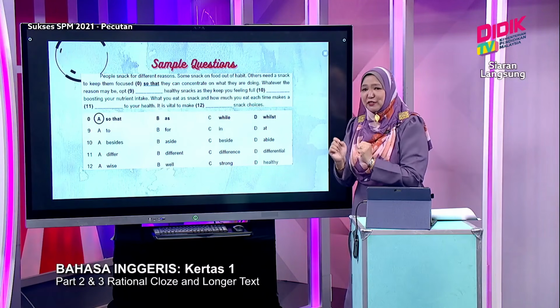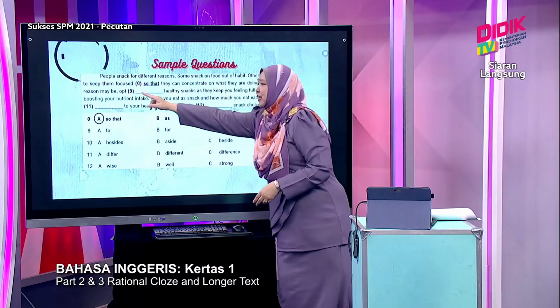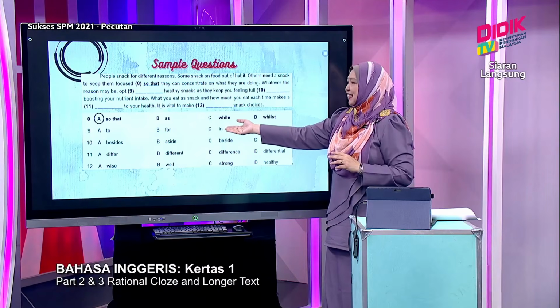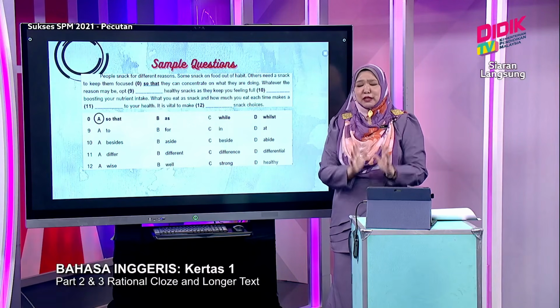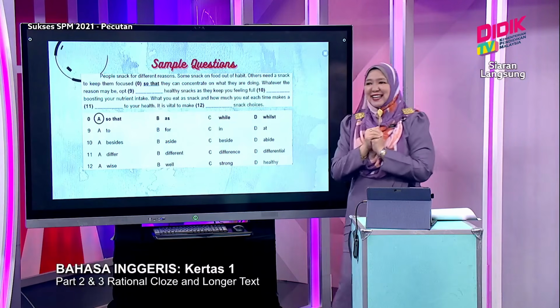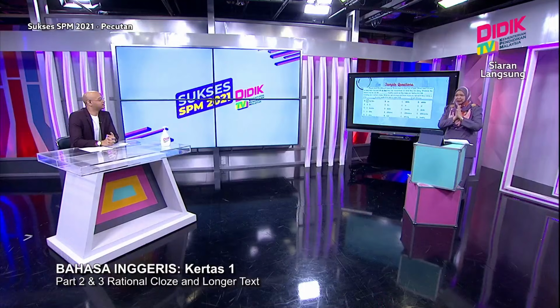What is a phrasal verb? Verb plus preposition. The verb here is opt, so what is the preposition for opt? The most appropriate one is opt for healthy snacks. So we need a phrasal verb there.